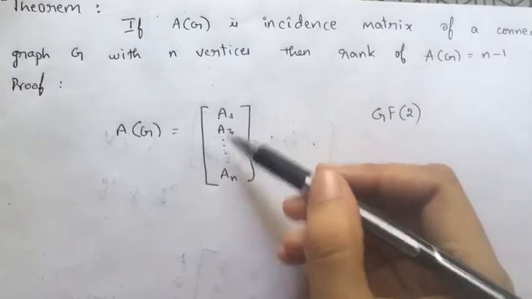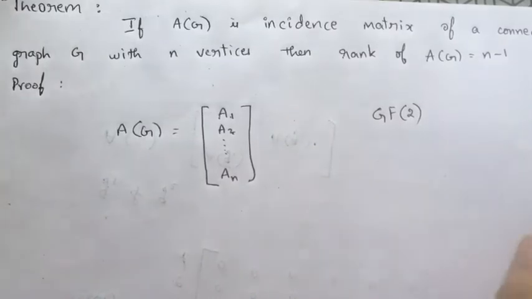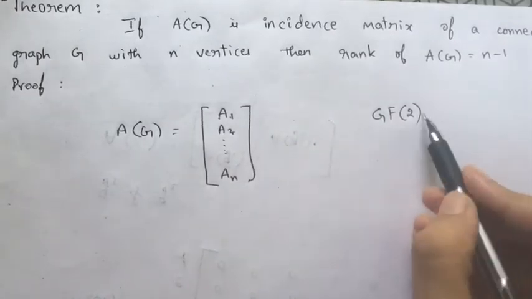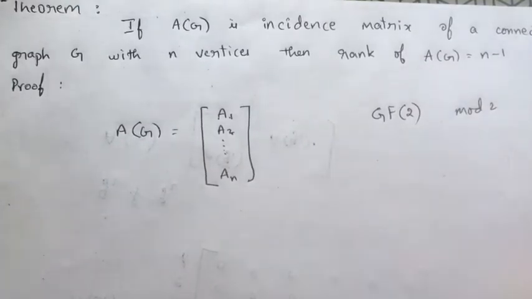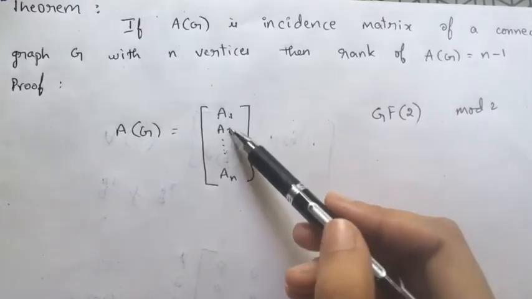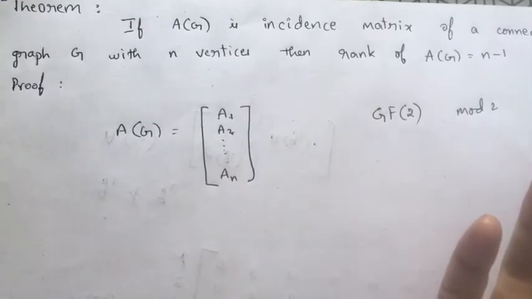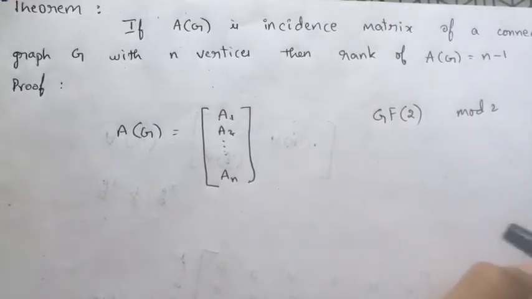the sum of all the vectors by taking mod 2 gives me the value 0. So I can say that these A1, A2, up to AN are linearly dependent.